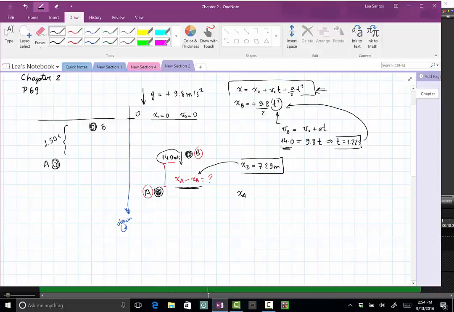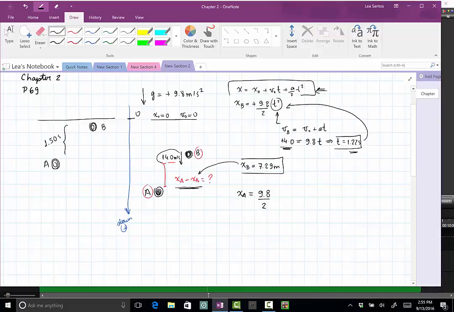The initial position of ball A is 0, and the initial velocity is also 0 because it was just dropped. So all I need is the acceleration, 9.8 divided by 2, and now comes which time?